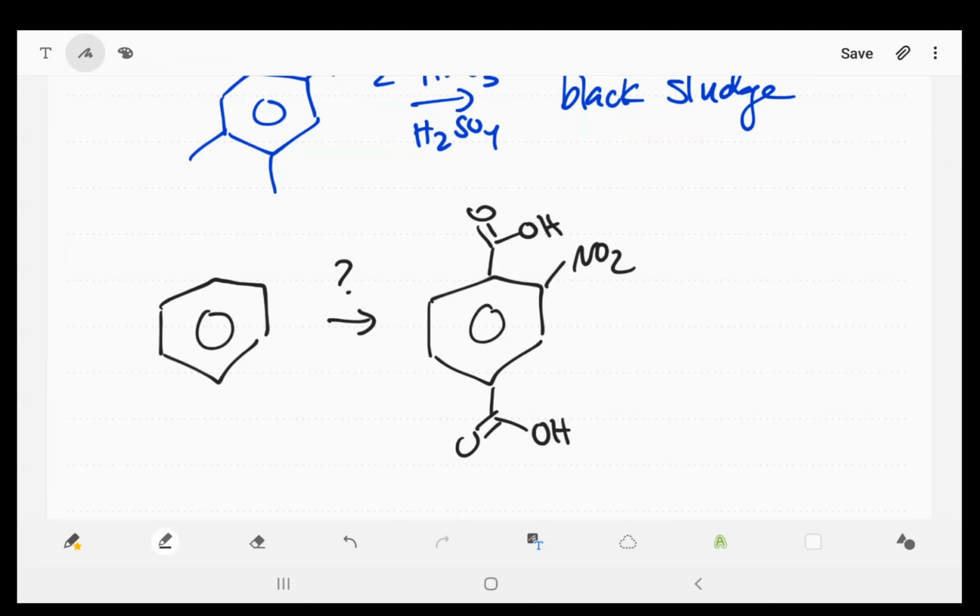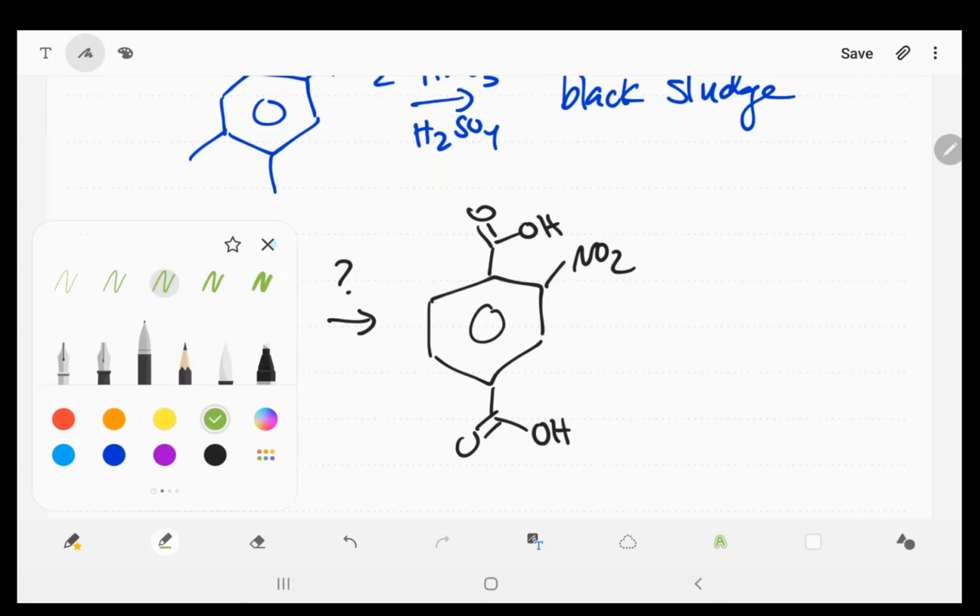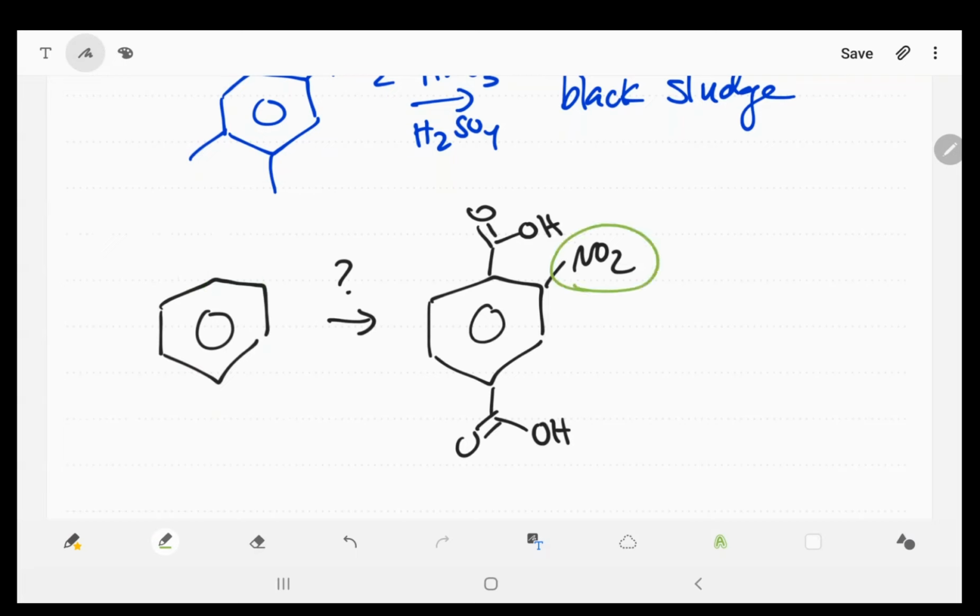Well, first thing to think about would be what reagents do we need to even put these groups on? We know we can put this thing on by using nitric acid and sulfuric acid, right? How do we put a carboxylic acid on?